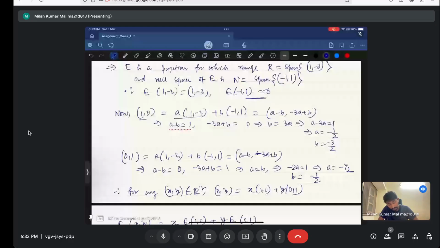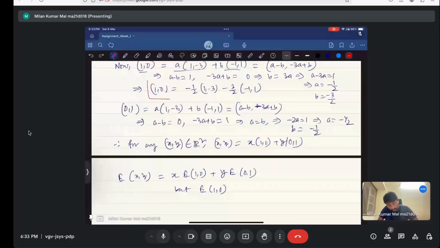So this is one thing, and another is (0,1), this is equal to -1/2 (1,-3) plus -1/2 (1,1).